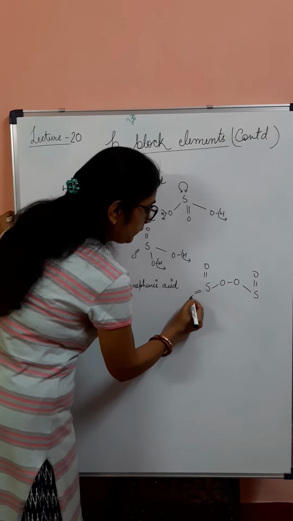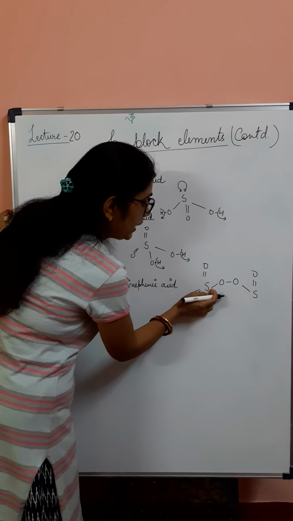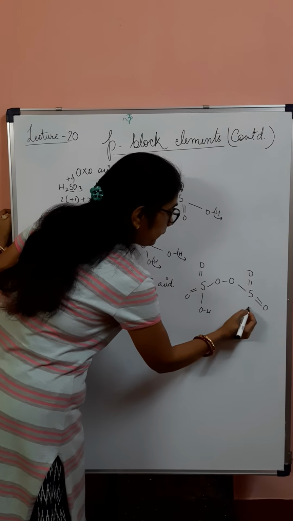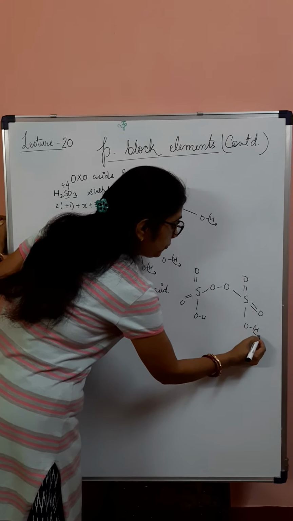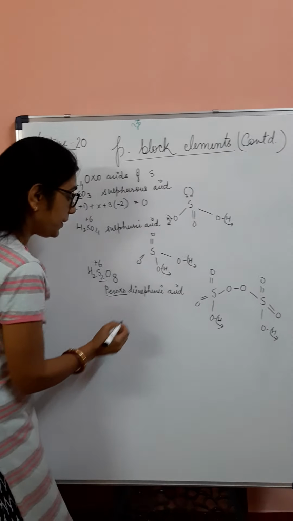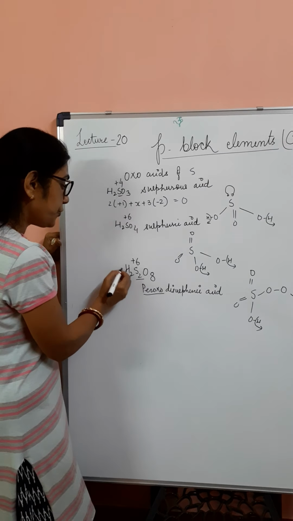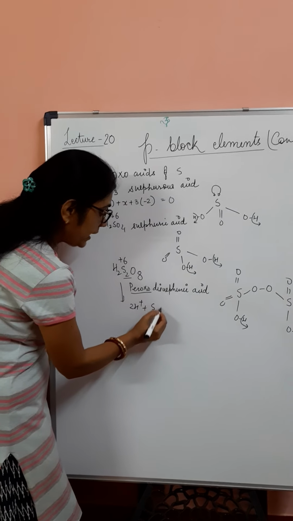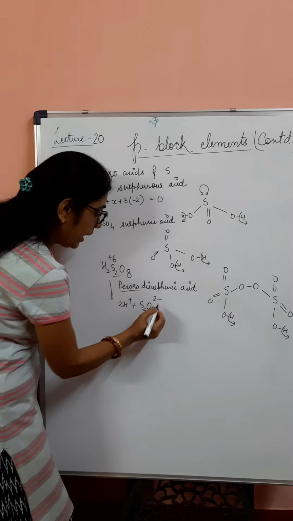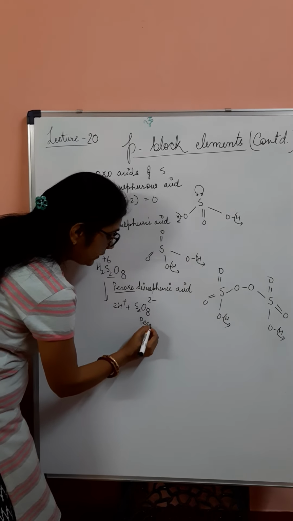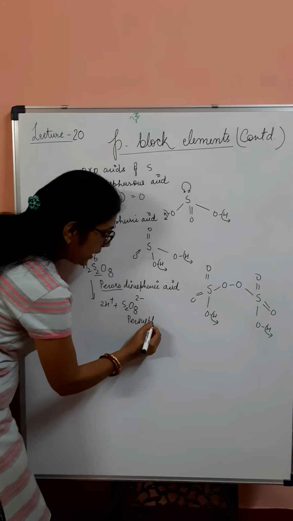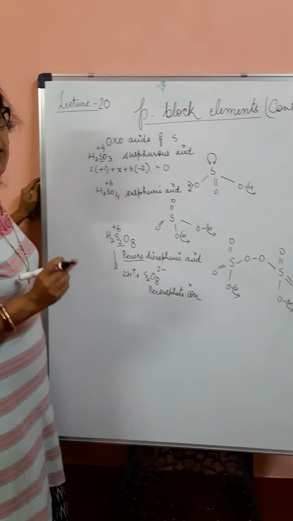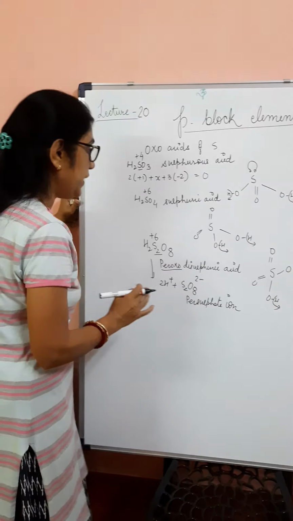So these two oxygens, they are attached with peroxide linkage. And these two hydrogens, they are replaceable, and when it replaces its 2 hydrogen atoms, 2H plus plus S2O8 2 minus, and this is known as persulfate ion, S2O8 2 minus.